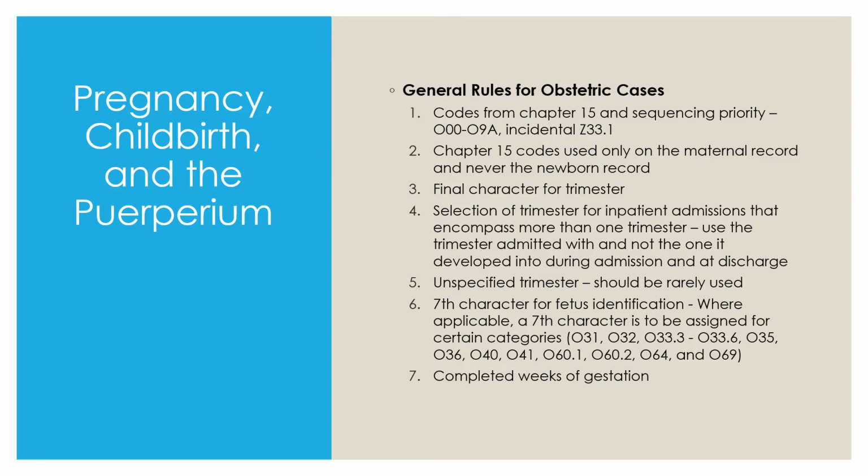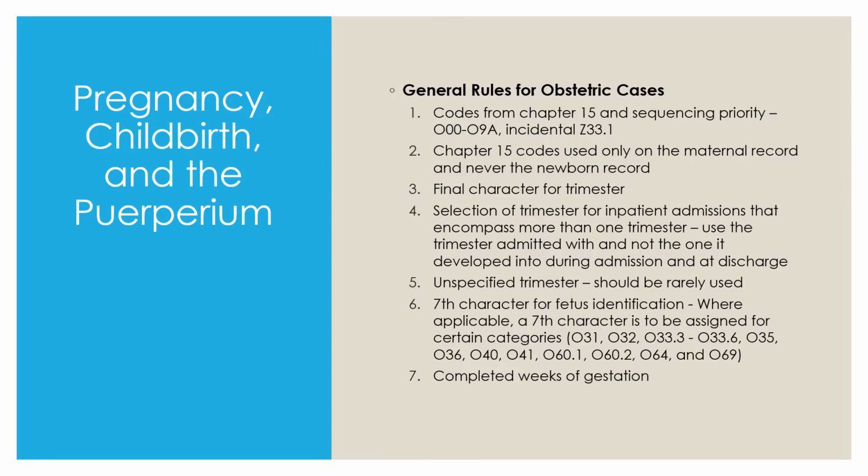Assignment of the final character for trimester should be based on the provider's documentation of the trimester or the number of weeks, or we say weeks of gestation, for the current admission or encounter. This applies to the assignment of trimester for pre-existing conditions, as well as those that develop during or are due to the pregnancy. The provider's documentation of the number of weeks may be used to assign the appropriate code identifying the trimester.